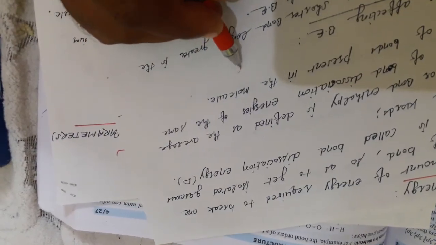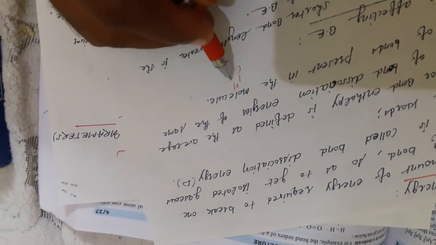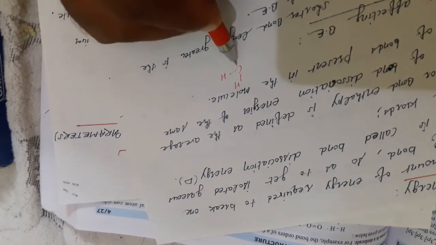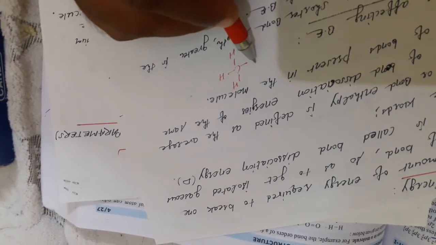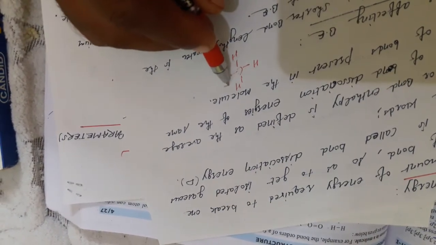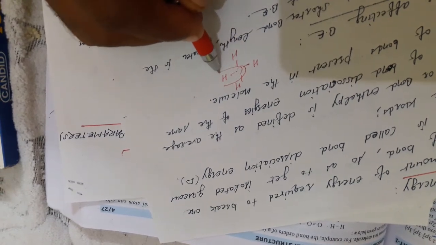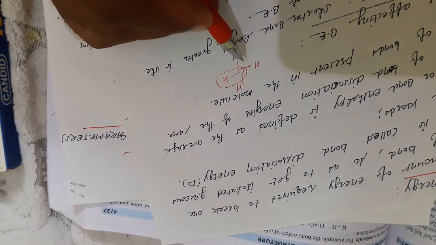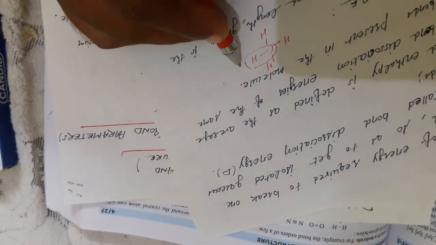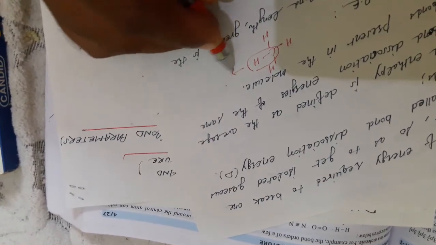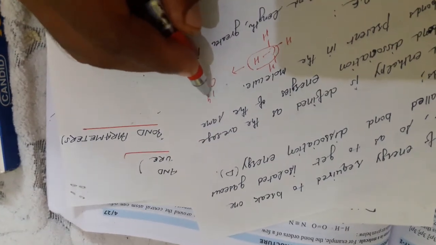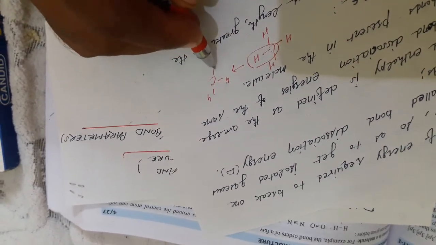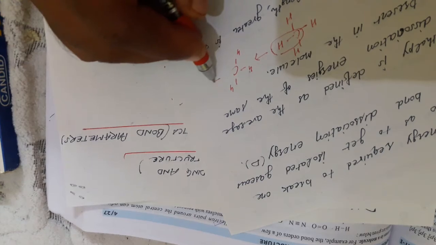I am taking one example, methane. If we take the first bond, it has a different energy as compared to the second and third. Why? Because after breaking the first bond, the structure changes.